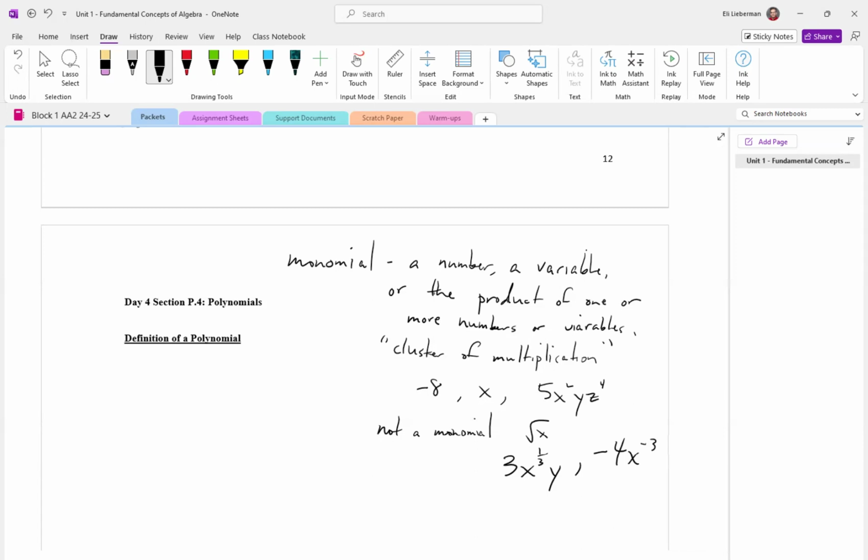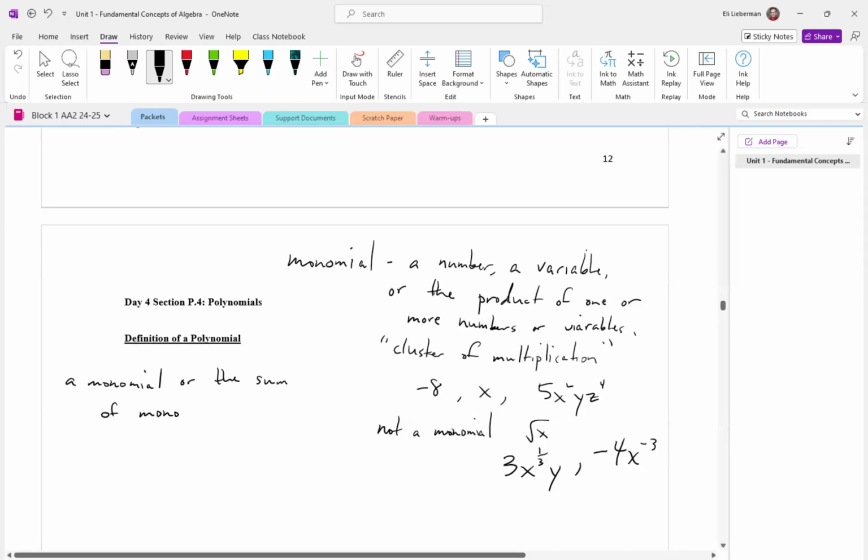Of course, a polynomial, by definition, is a monomial, which is a little bit weird because poly means many. So it's strange that the start of the definition is that it's a monomial or the sum of monomials.